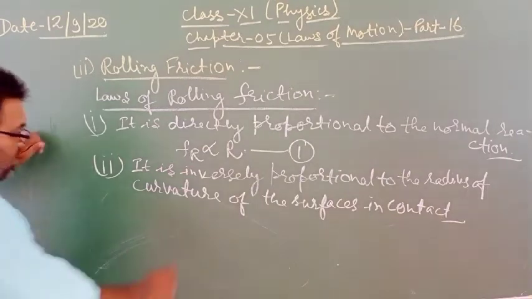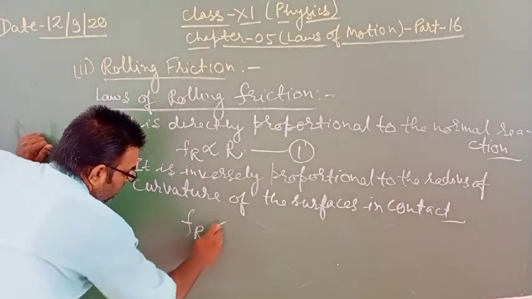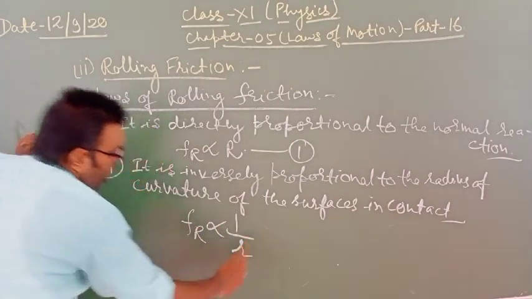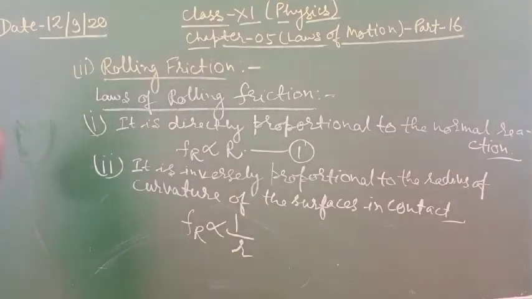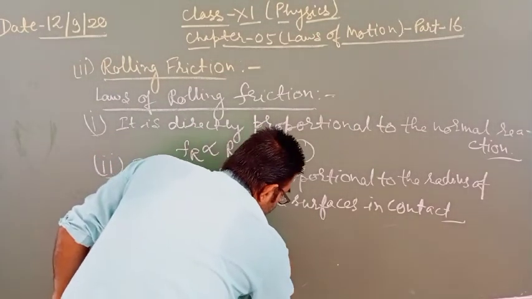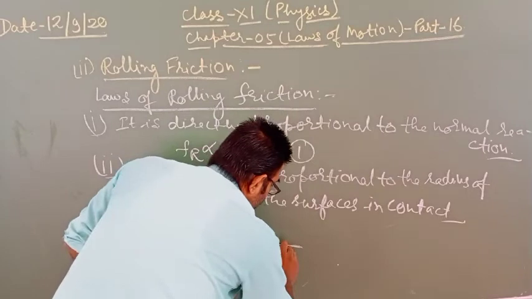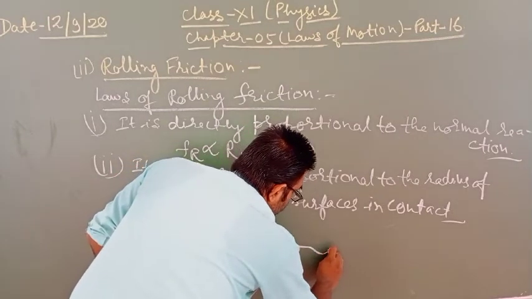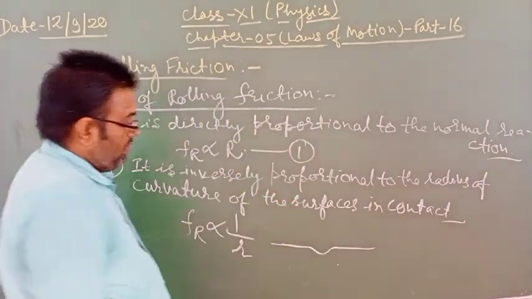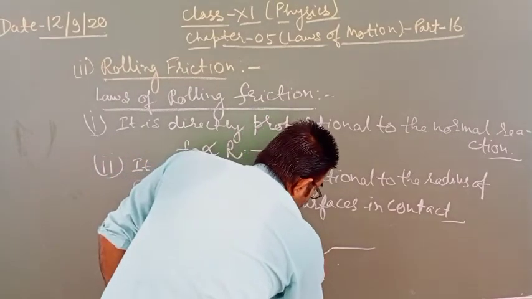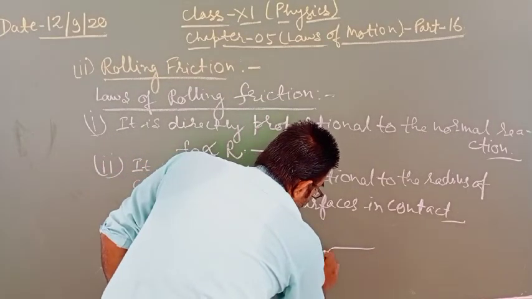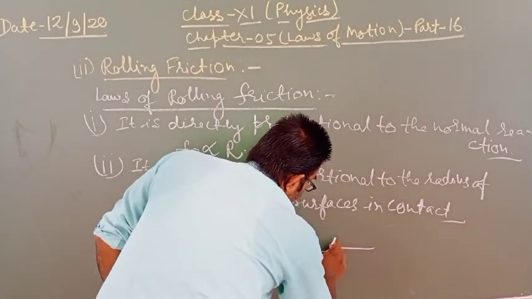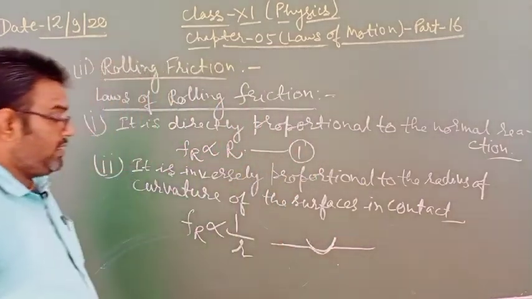Okay students, Fr is inversely proportional to 1 by r, where r is the radius of curvature of the surface. Suppose I am taking the rough surface in this way, and an object is in this way.